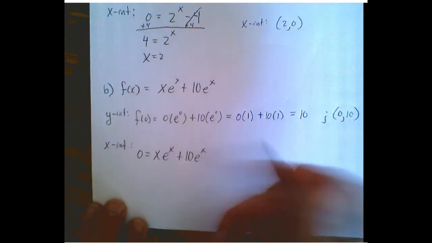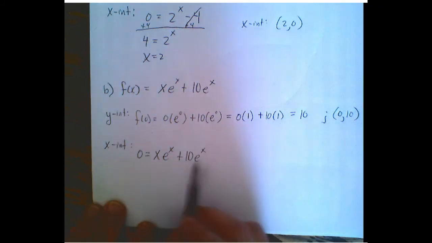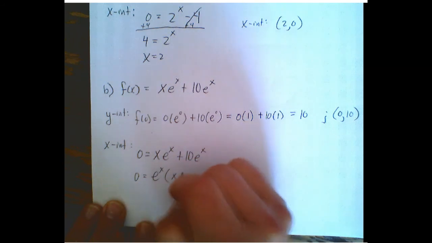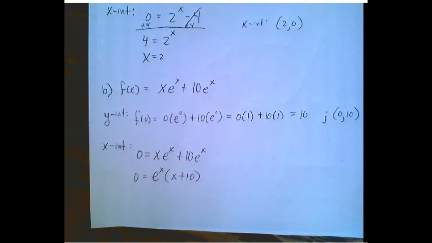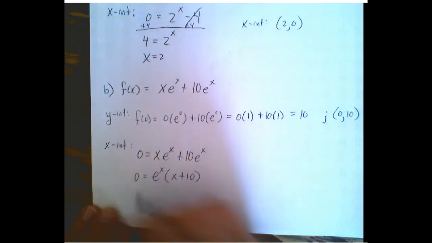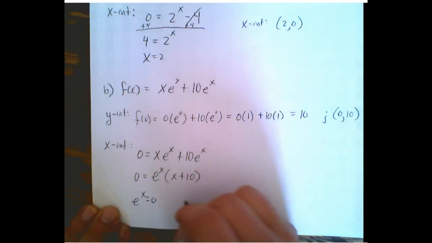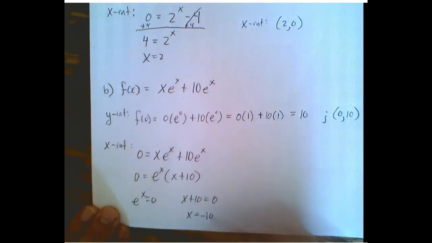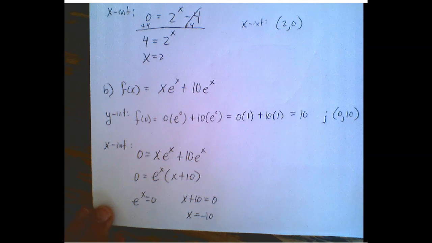We factor out the e to the x, and what do we get? E to the x times x plus 10. If you remember when we solved quadratics, we would set each of these factors equal to 0. So e to the x equals 0, and x plus 10 equals 0. From this one, x is equal to negative 10. So that gives us one of our x-intercepts.